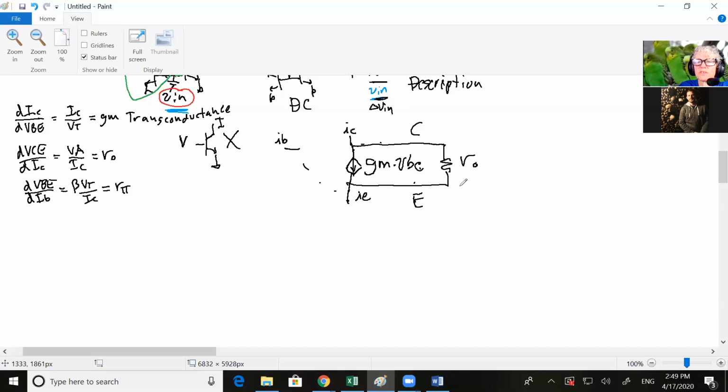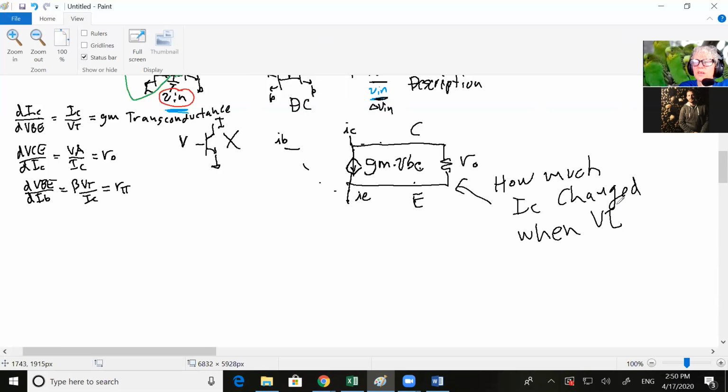So this branch right here tells you about how much IC changed when VCE changed. And this branch right here tells you how much IC changed when VBE changed. So that's the VCE change, that's the VCE change, and that's the VBE change.